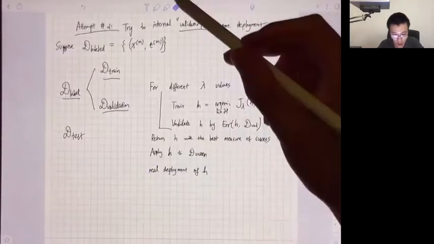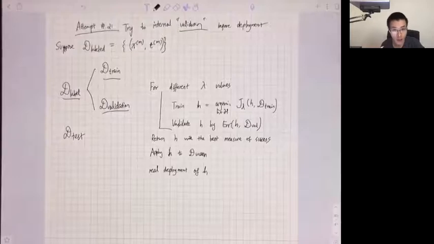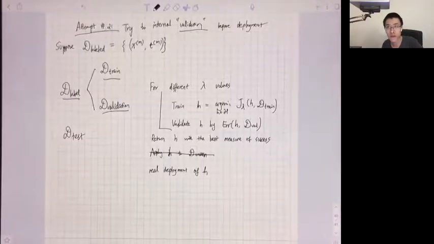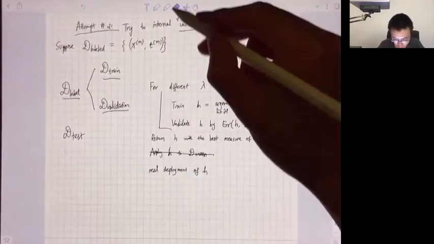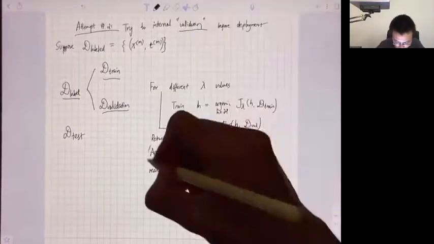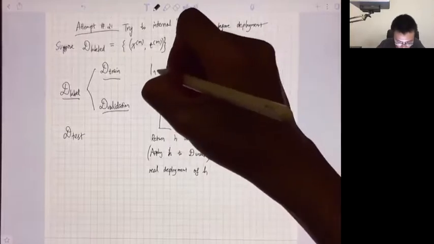So this is the industrial application. If you have the application, then you deploy h to earn your money, to do business, okay? And sometimes you don't care too much about whether you have a good estimate or not. Even if my estimate of the performance is not so good, I have no choice. I can only deploy the best model that I believe. But in research, so this is machine learning application or industrial application.